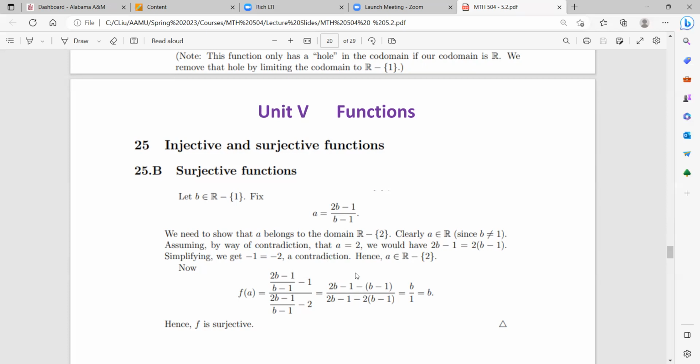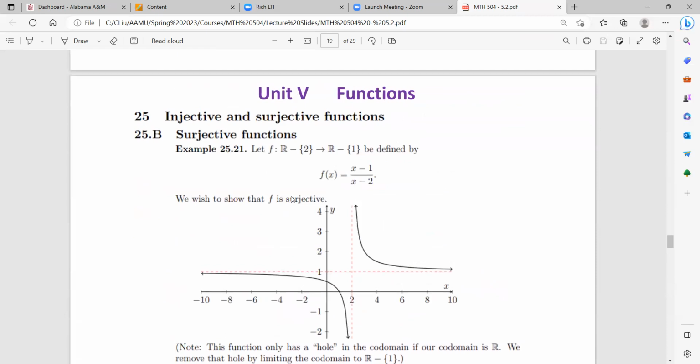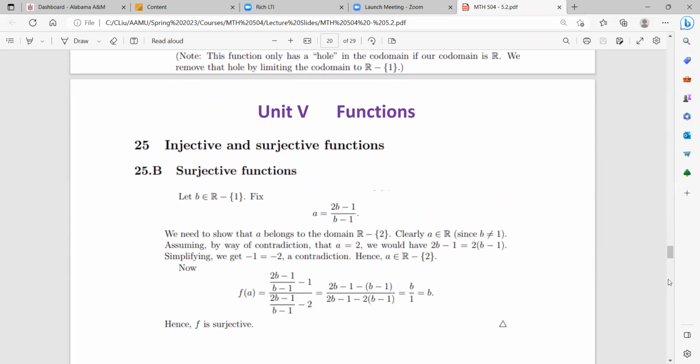But also, the other thing you need to do is show this a is an element in the domain, which is R minus {2}. So there are two parts for the proof. We need to show this a is not equal to 2, basically.